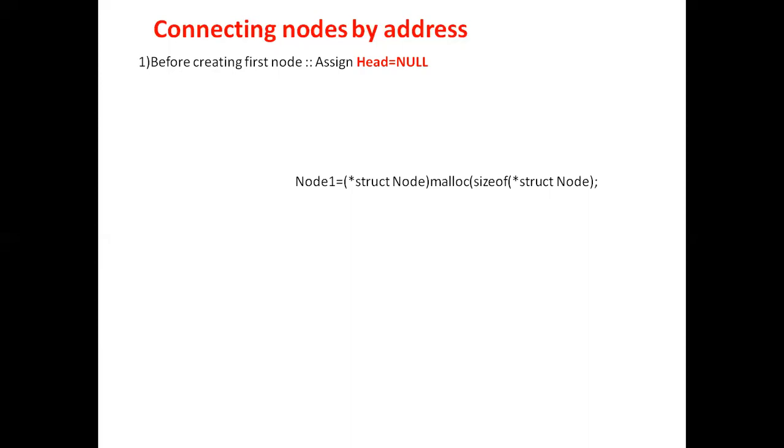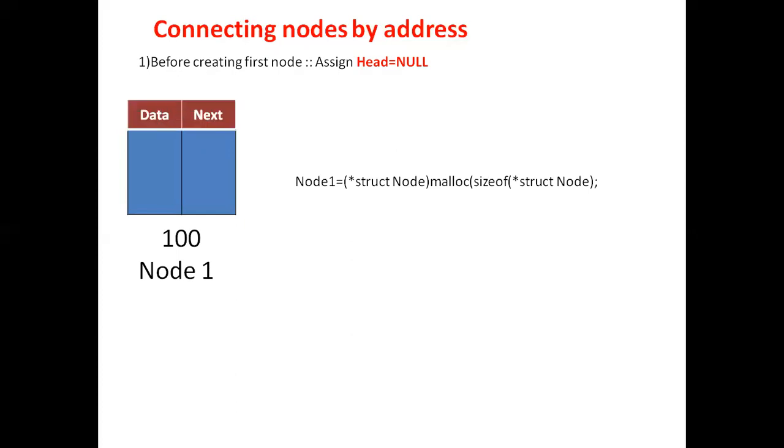Assume our node name is node 1. I want to use malloc for creating the memory for node 1. When we write node 1 is equal to struct node malloc sizeof struct node, it creates the memory for node 1 with the address 100. Assume 100 is the address of node 1. Now it contains the data part and next part.